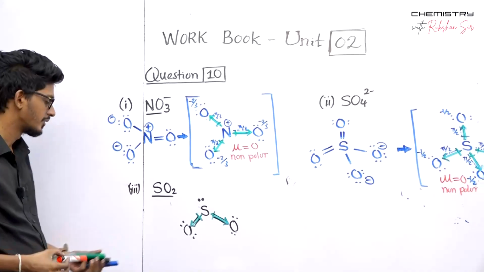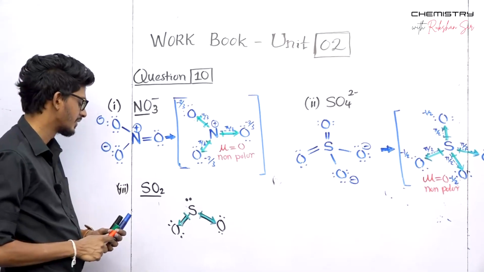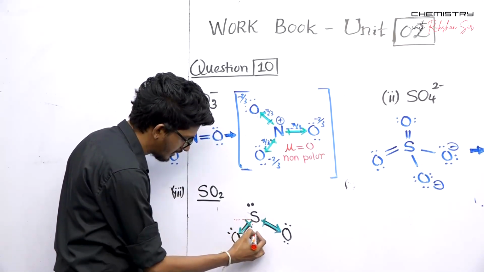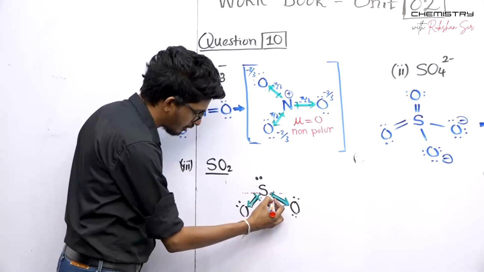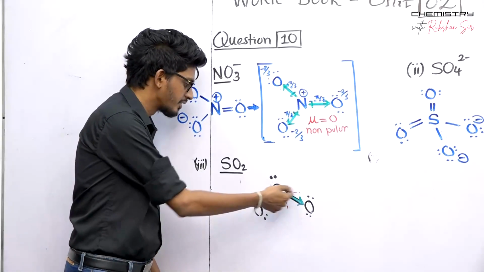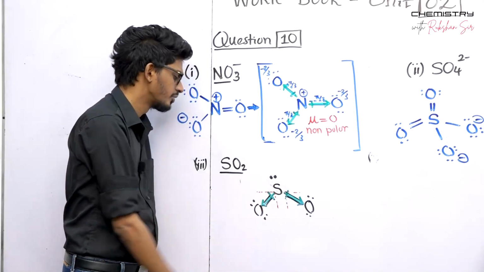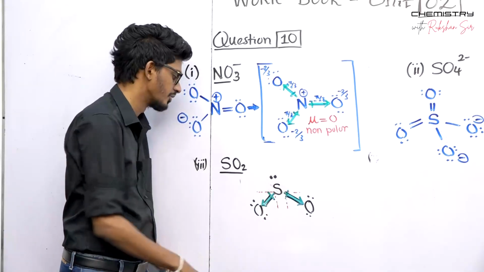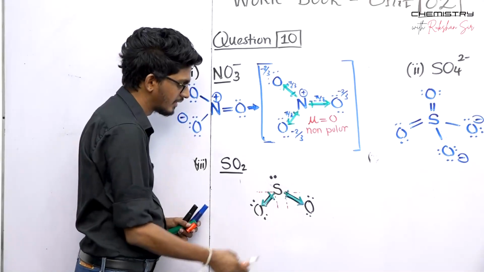So what will happen to the net dipole moment? We can think of a resultant here, horizontal and vertical. The horizontal components of these two will cancel off, but not the vertical components. So the vertical component will remain downwards.